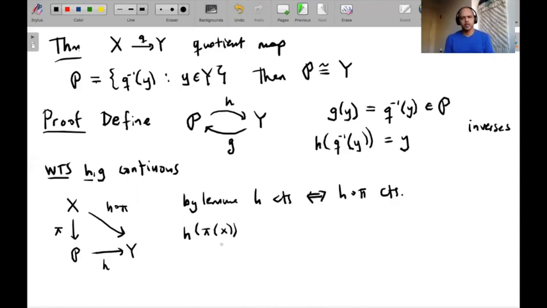Well, okay, so what does pi do? So pi is the function that sends a point x in X to the element of the partition that contains x. What is the element of the partition containing x? This is our partition here. It's, well, it's the pre-image of Q of x.